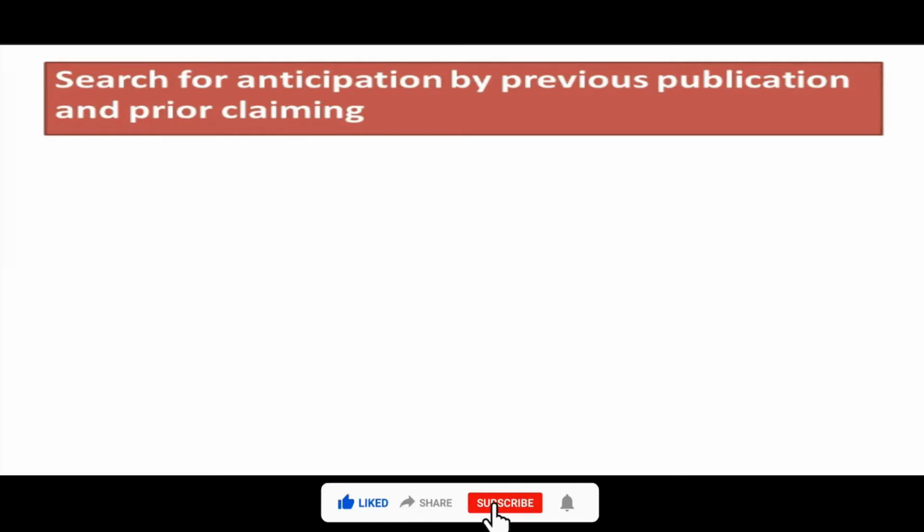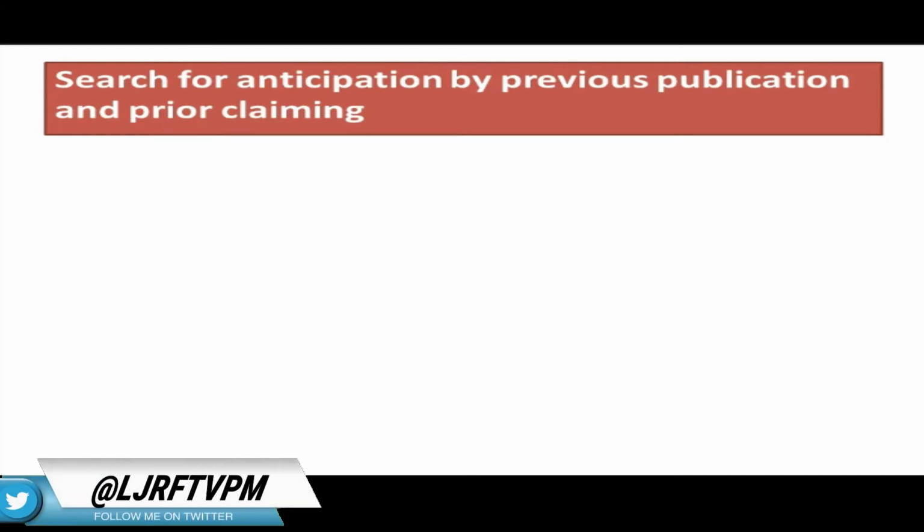We had some of the cases which were good enough to throw light on that particular idea. Or it could be anticipated. An invention can be considered to fail the patentability requirement if there is a prior claim, if a prior patent application contained the same idea as that which is being claimed here.